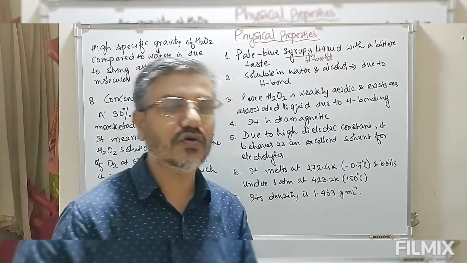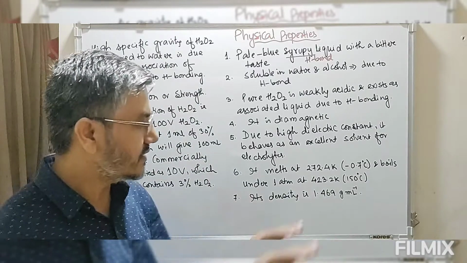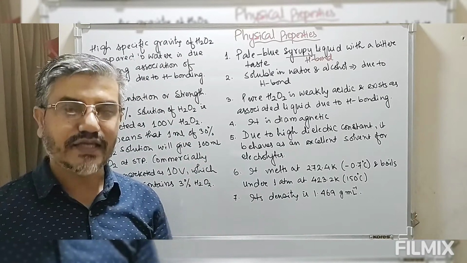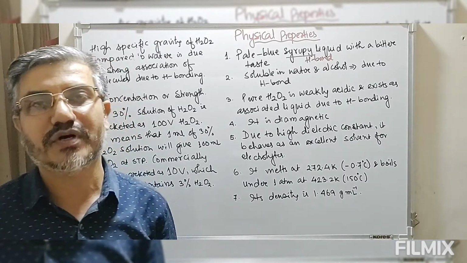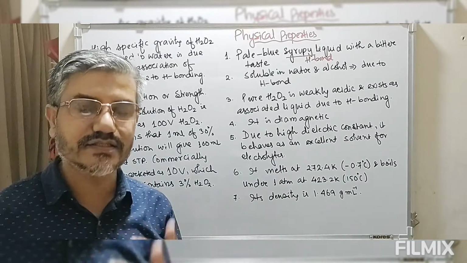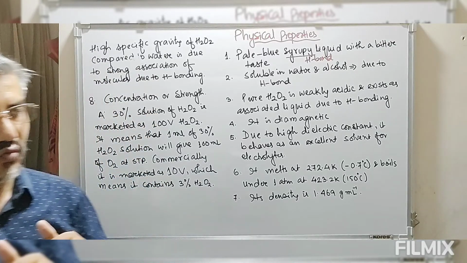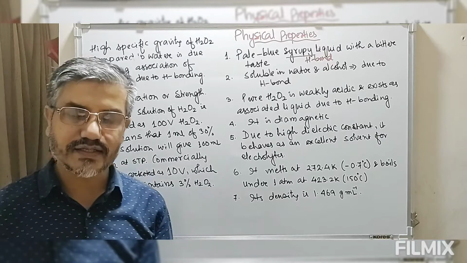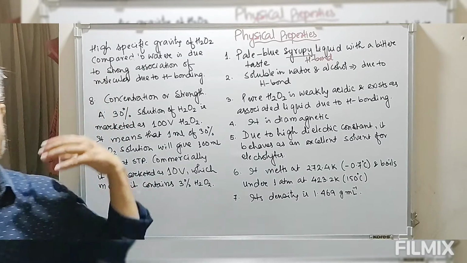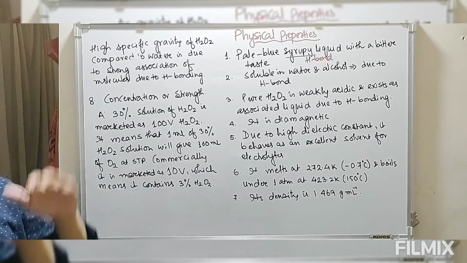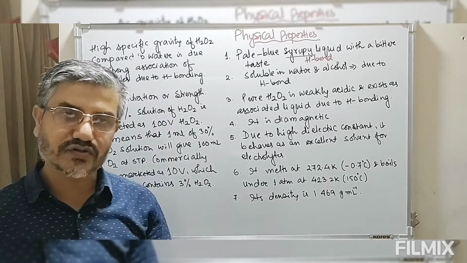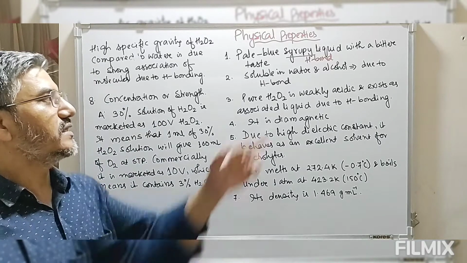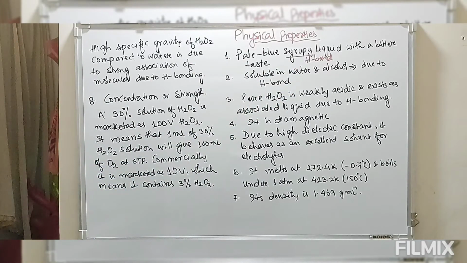The larger value of density, that is the high specific gravity of hydrogen peroxide, is again because of the association of hydrogen peroxide molecules through extensive hydrogen bonding. When we compare the extent of hydrogen bonding in water and in hydrogen peroxide, the extent of association of molecules through hydrogen bonding is more in hydrogen peroxide. Because of this, its density is more, and it is more viscous, that is, a syrupy liquid.